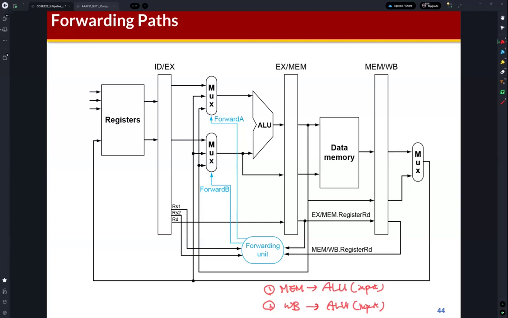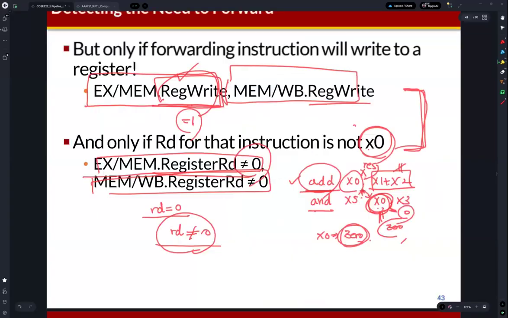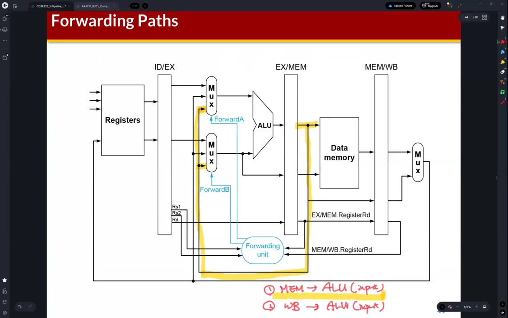So we need to add this data forwarding path. Okay, what is this data forwarding path? This one and this one. Also, you can find the multiplexer here, right? So why is this multiplexer required?